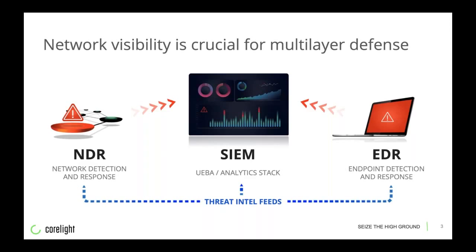Now with NDR, until recently, network detection in the cloud has been very elusive, right? The reason is in a traditional network, you have the concept of passive monitoring with a tap and a span port, whereas in the cloud that did not exist until very recently.